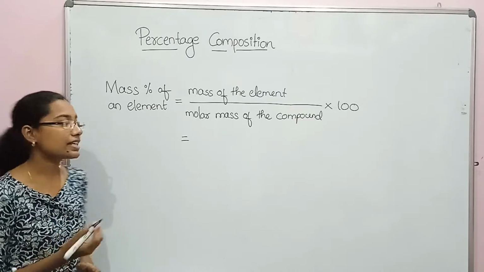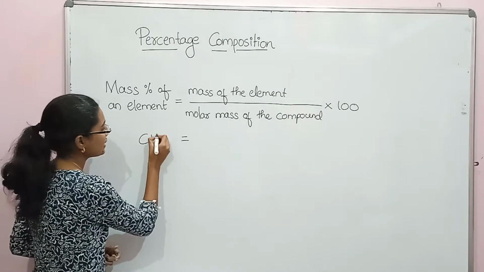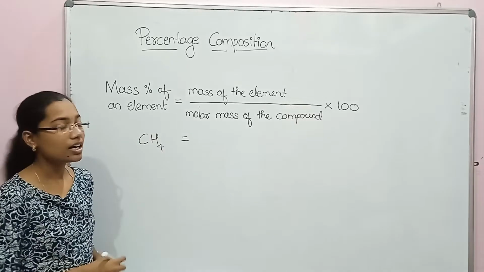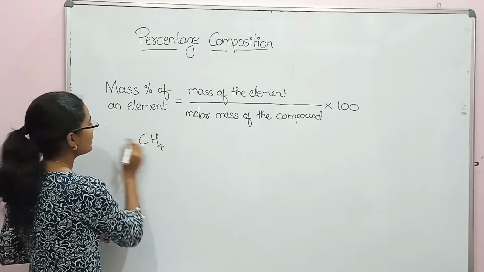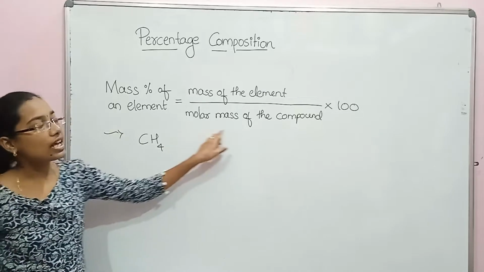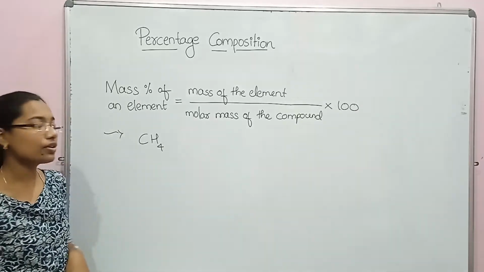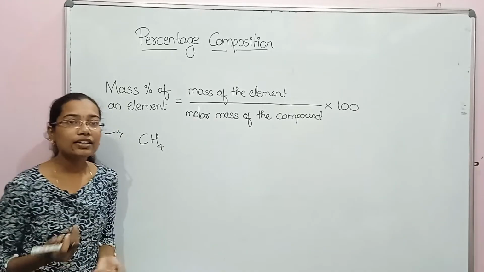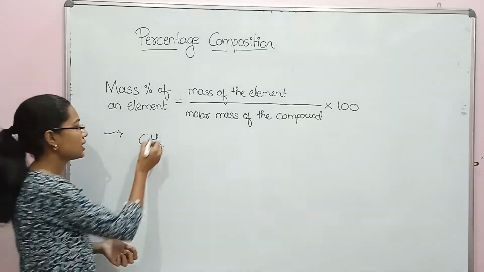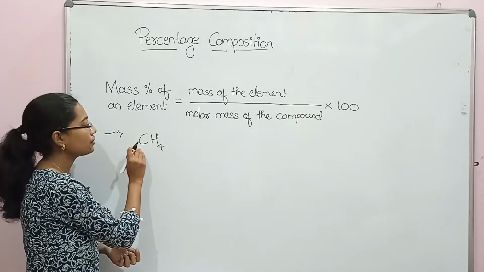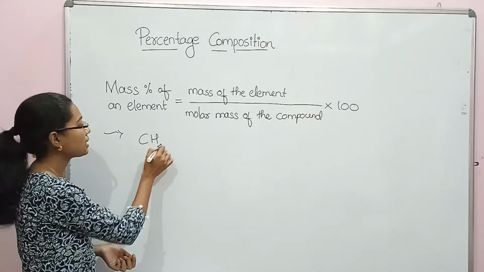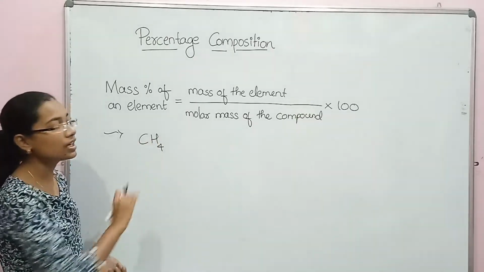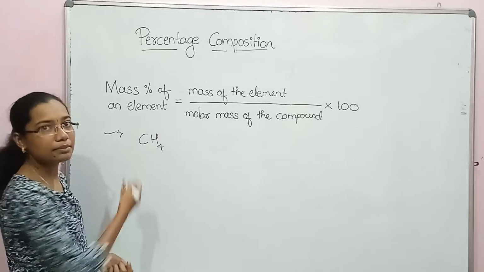We'll take the example of methane, that is CH4. Before starting this, we'll calculate the molar mass of CH4. How to calculate the molar mass? The atomic mass of carbon and the atomic mass of hydrogen together give the molar mass, that is, the molecular mass.